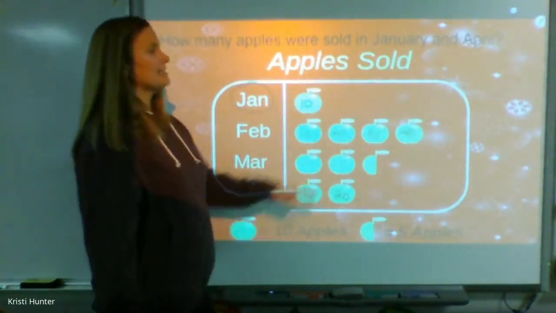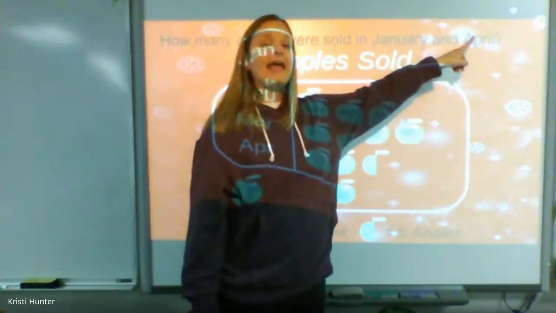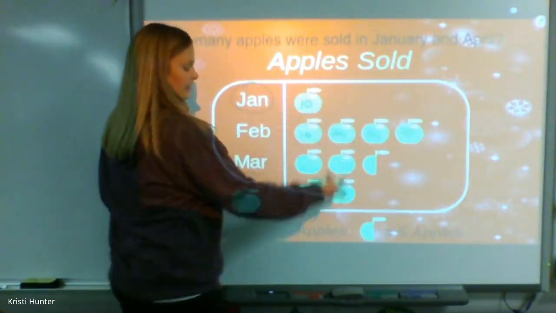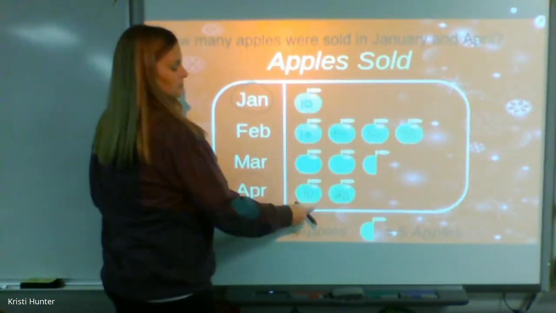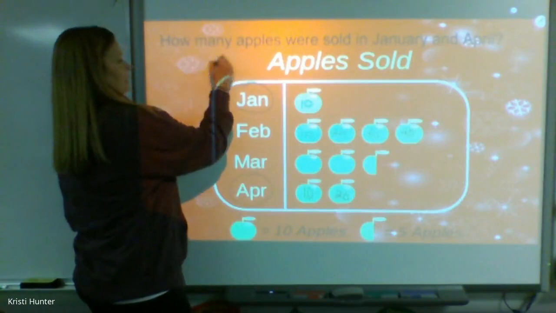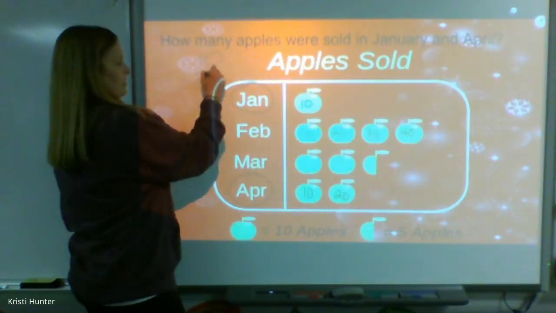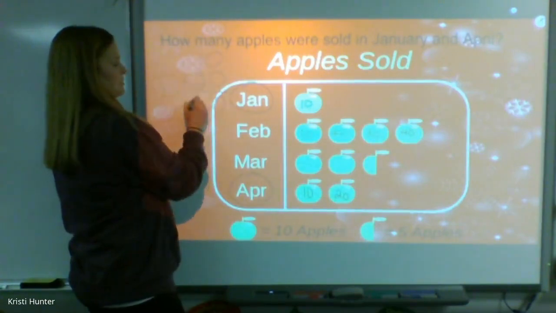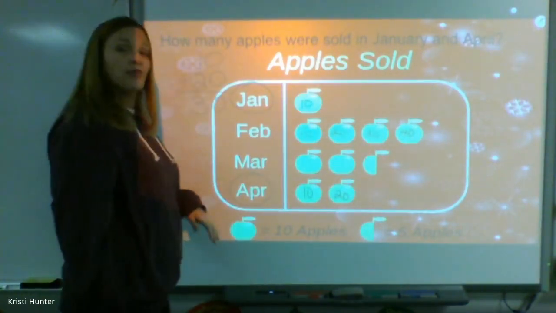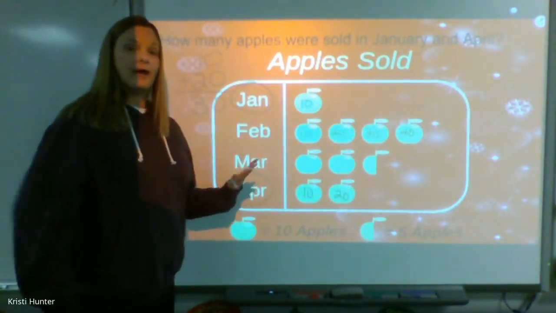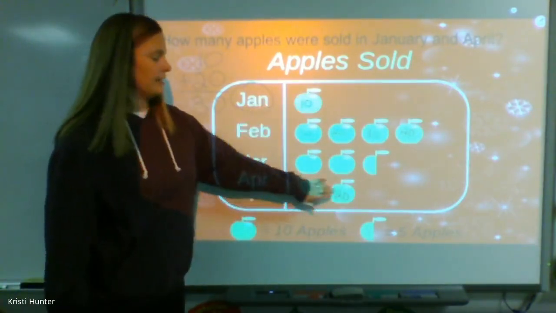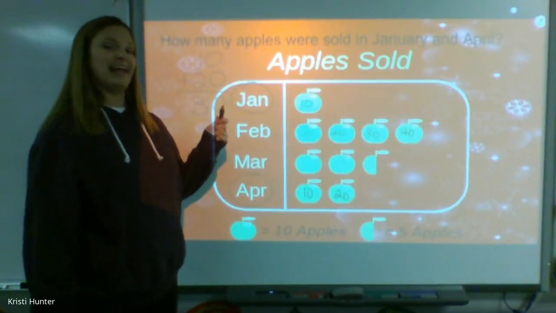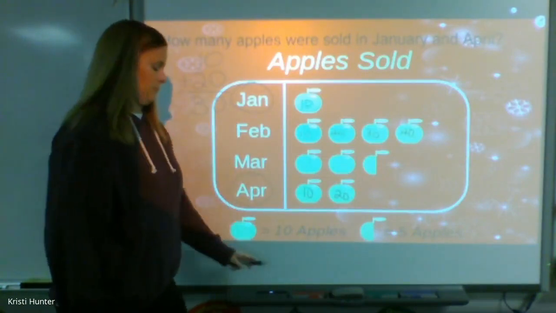So it asked me January and April, which means I'm going to have to take my 10 and add to it these apples that are down here. So I can write the problem as 10 plus 20. 0 plus 0 is 0. 1 plus 2 is 3. So there are 30 apples. Or you can count it and check yourself. 10, 20, 30. So 30 apples were sold in January and in April.